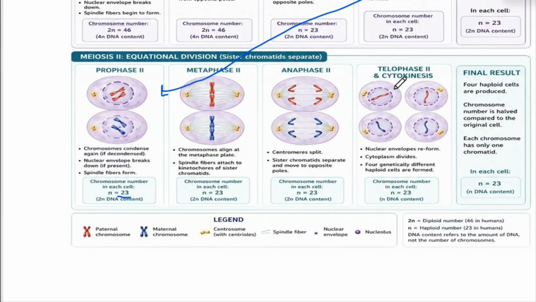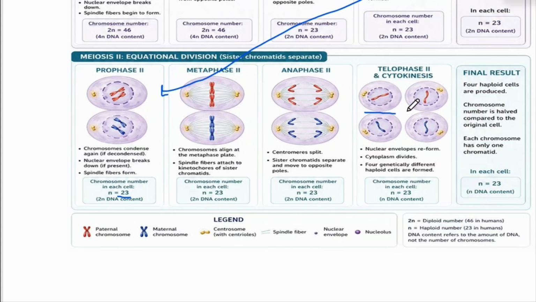In telophase 2, finally, the chromosomes reach the poles and a new nuclear envelope forms, and the cytoplasm divides again.